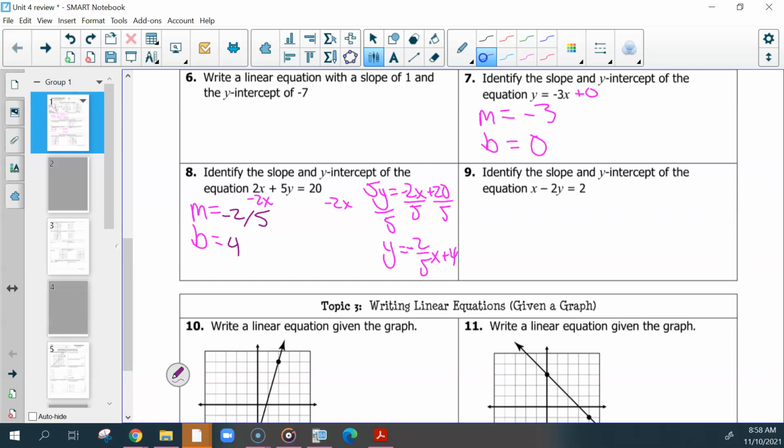Do we have any questions on 7 or 8? Does anyone still need number 8 before we go to the next page?